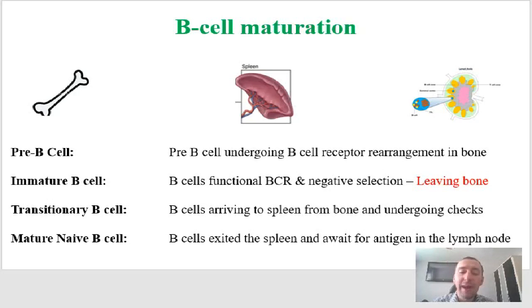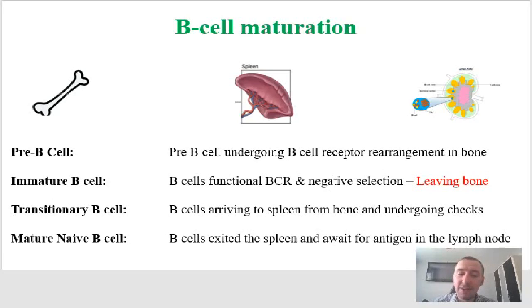And when it arrives, in particular when it arrives at the spleen, it becomes a transitionary B cell. So the B cell arriving at the spleen from the bone then becomes a transitionary B cell, and during that process, the transitionary B cell goes through stages of maturation, where firstly it undergoes a further process to make sure that these transitionary B cells don't react against self-antigen.